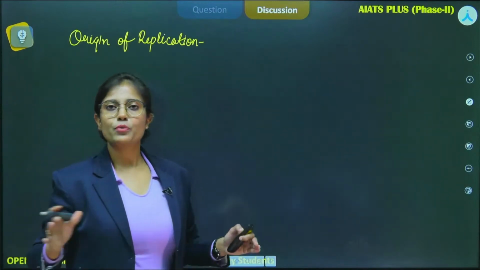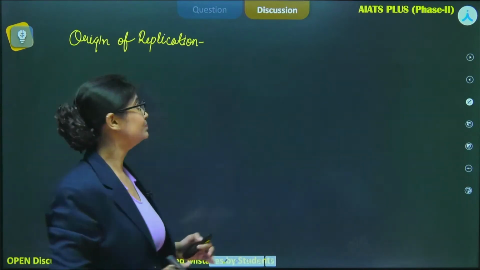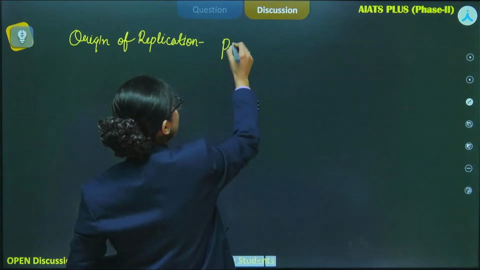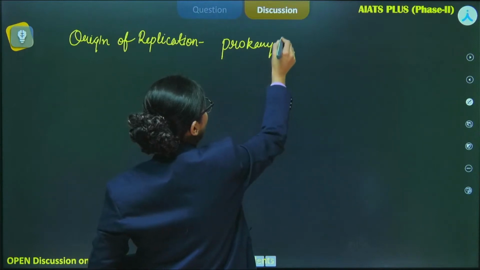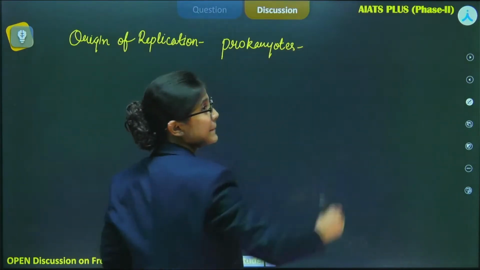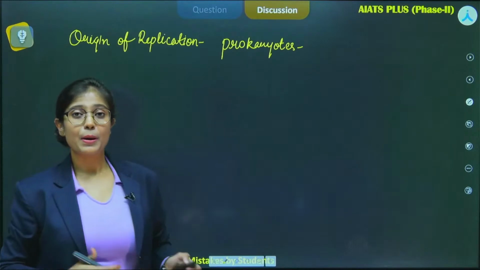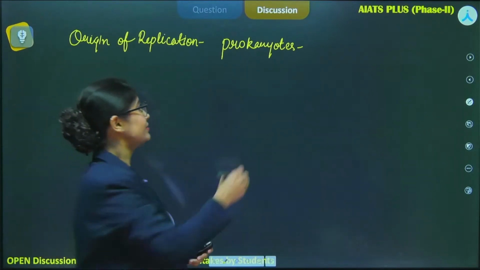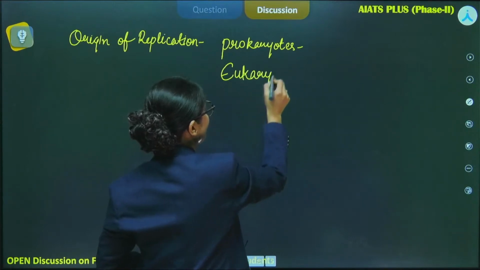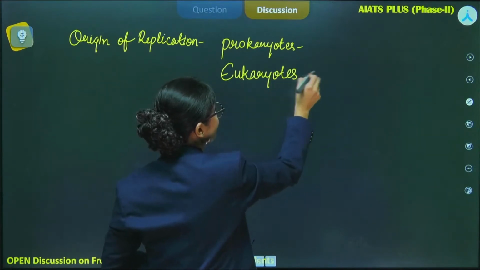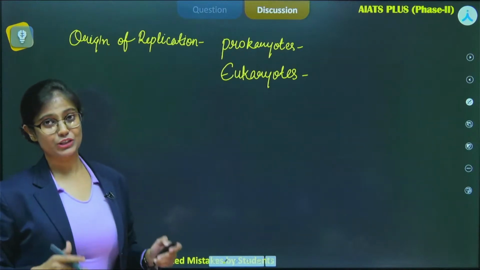And if we talk about prokaryotes and eukaryotes, in prokaryotes there are more than one origin of replication. In eukaryotes, a single origin of replication is present.